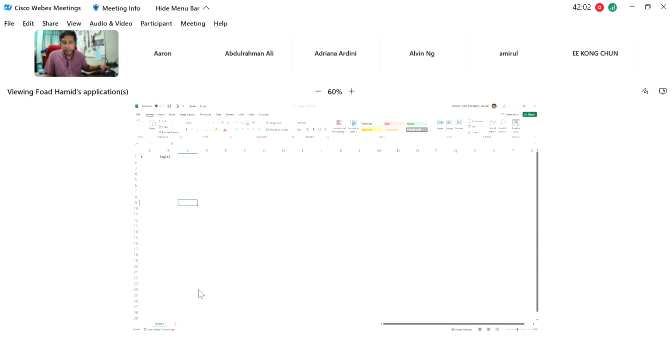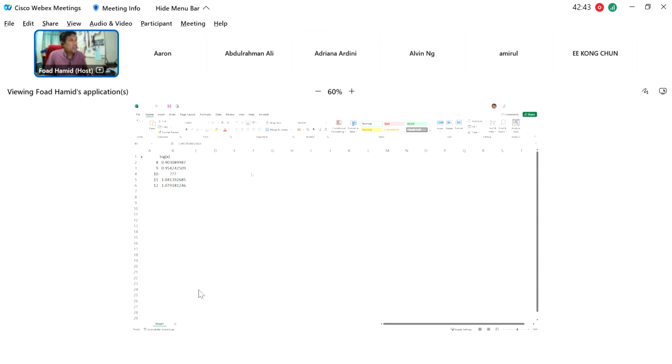So let's redo this. This is from the table: 8, 9, 11, and 12. Our question is what is 10? We can use these two values for linear interpolation. So let's try to do the linear interpolation.